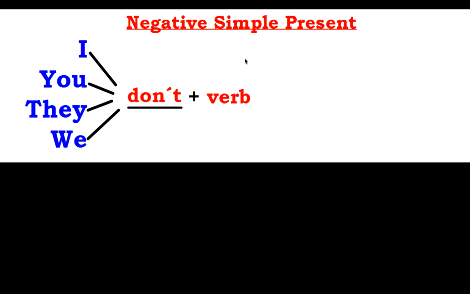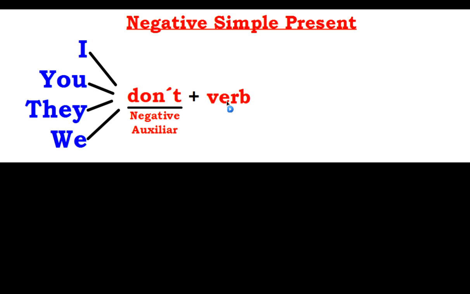Okay, so now it's time to look at the negative form of the simple present. For the subjects I, you, they, and we use the negative auxiliary don't and the verb.